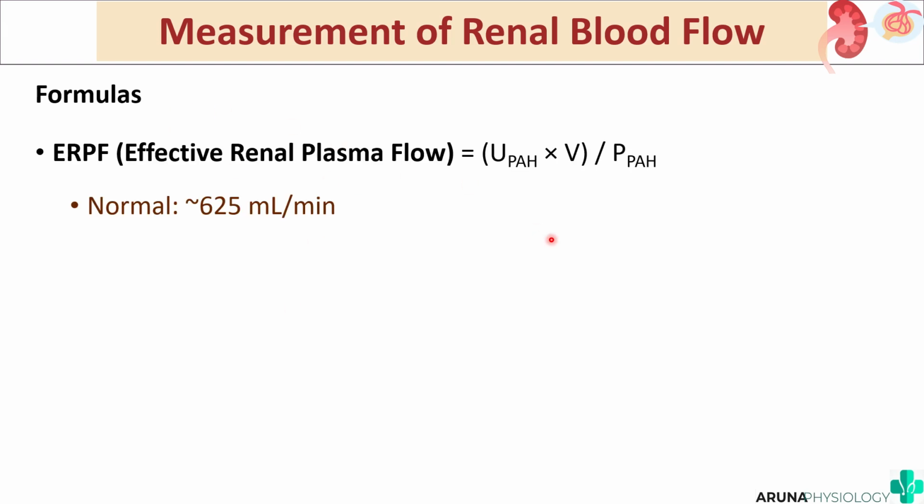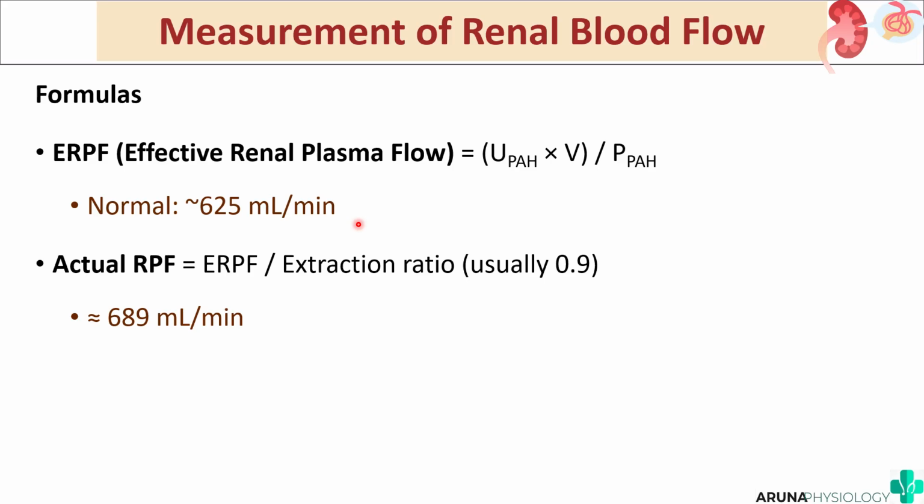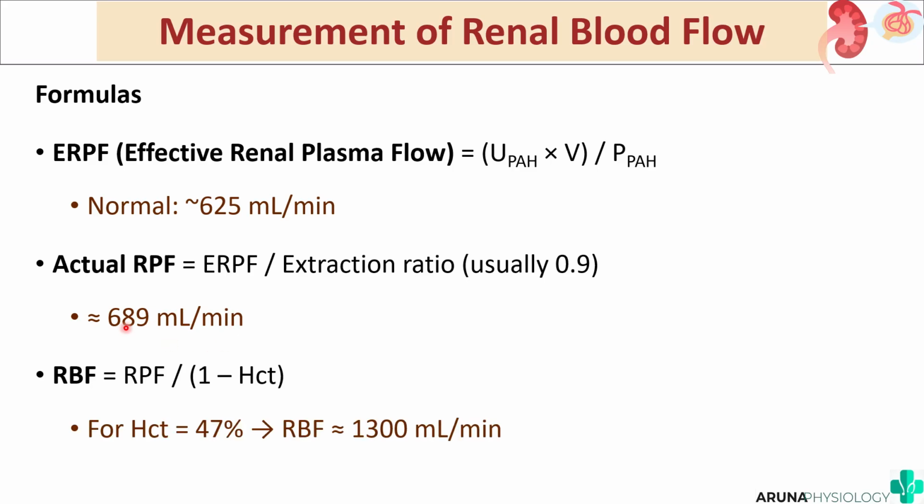Effective renal plasma flow is urine PAH into V divided by plasma PAH or arterial PAH, and the normal value for that is 625 milliliters per minute. The actual RPF, the renal plasma flow, is that divided by the extraction ratio, which is usually 0.9. When you substitute, you will get 689 ml per minute, and RBF is equal to RPF divided by 1 minus HCT, and when you substitute it, you will get approximately 1300 ml per minute.